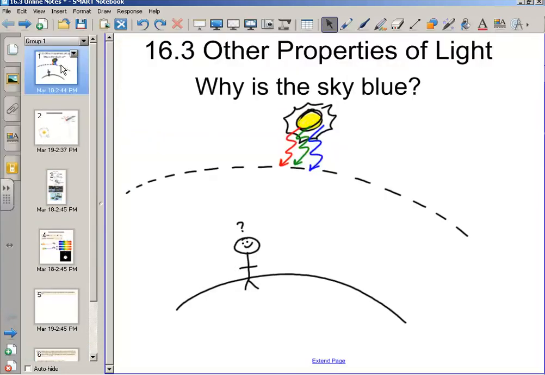So first, why is the sky blue? When you look up at the sun, you see yellow. When you look at the sky, you see blue. Why is that? It has something to do with what's called Rayleigh scattering.